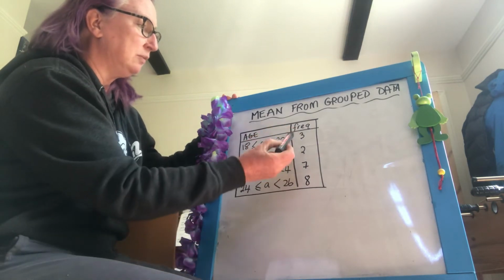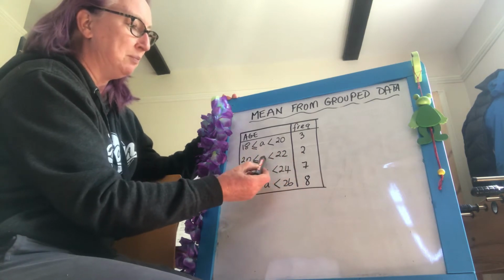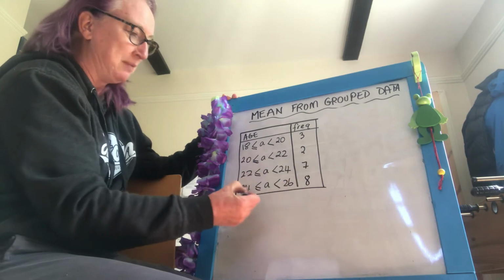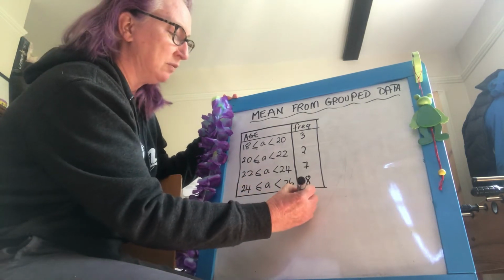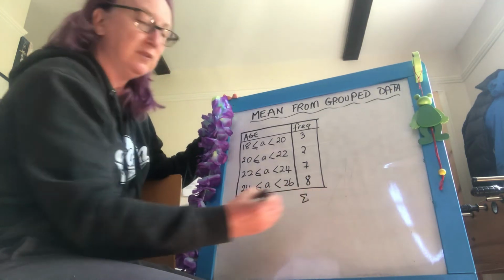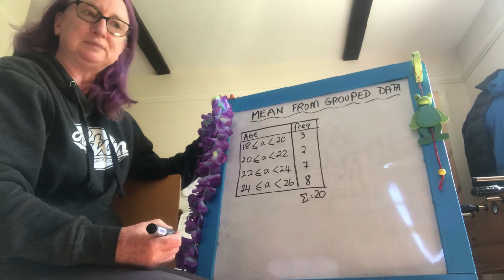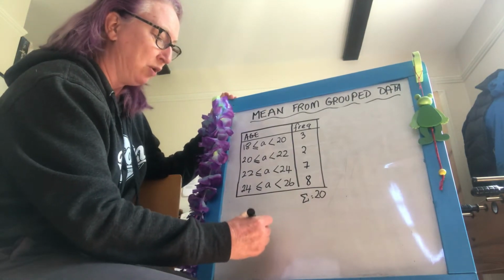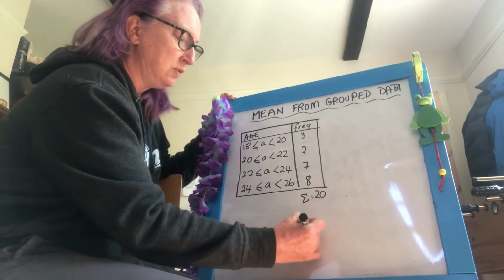In total, we've got 3 people in this age group, another 2 in this age group, that's 5 people, another 7, that's 12 people, and there's 8 people who are really old in their late 20s. So altogether we've got what's called a total, this is the symbol for the sum, of 20 people in our group. So now to find the mean, we need to add up all 20 scores and divide by 20.